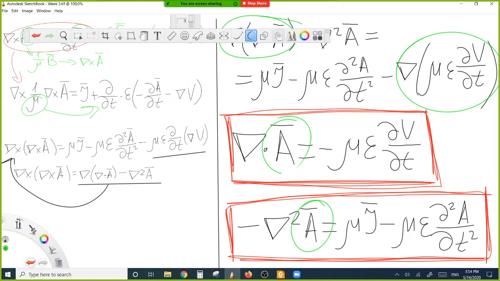It means that if we solve the equation for magnetic vector potential A, after that we can define electric scalar potential, and if we know electric scalar potential, we can define electric field intensity.